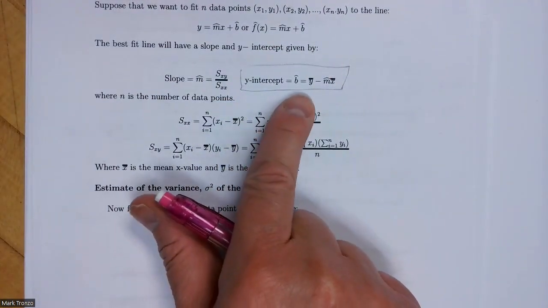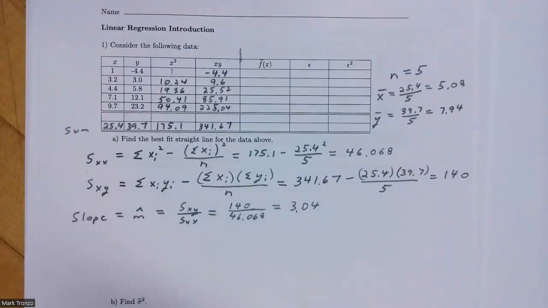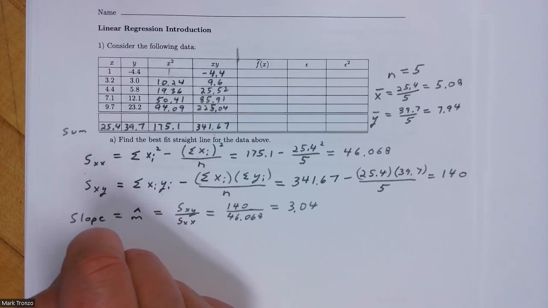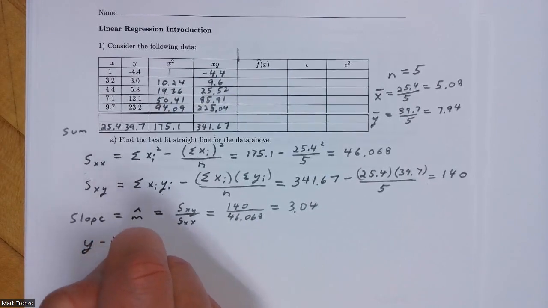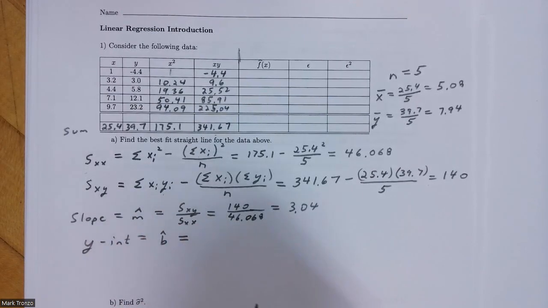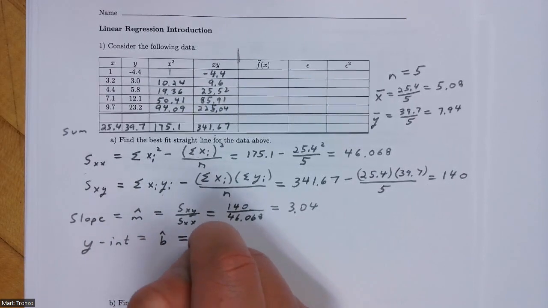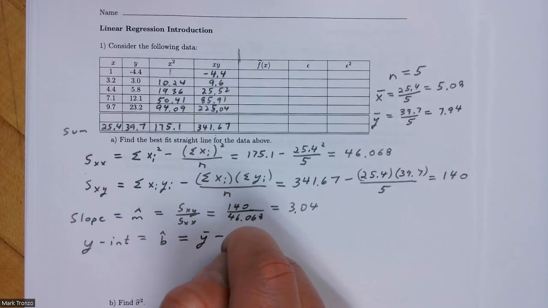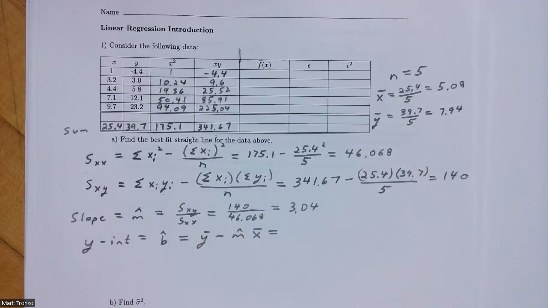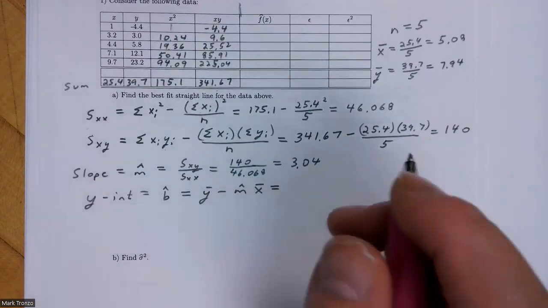The y-intercept, which is b hat, is going to be y bar minus m hat times x bar.